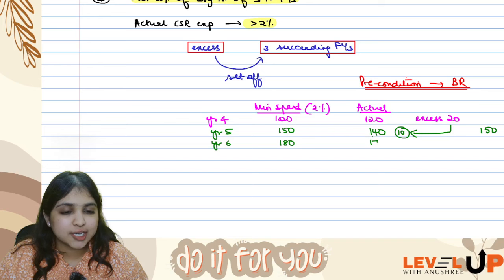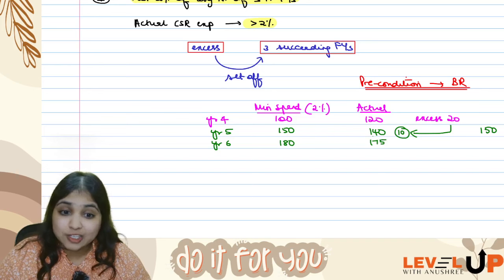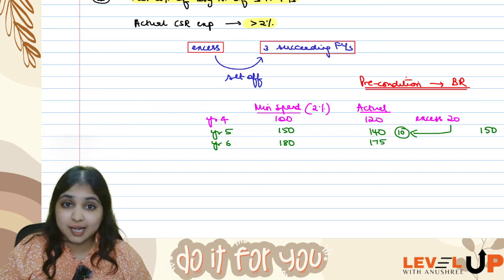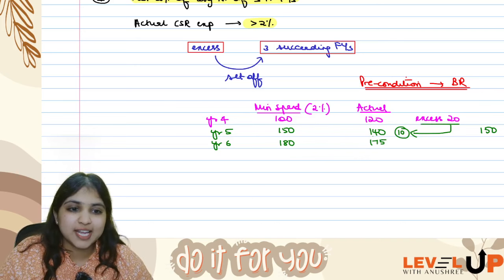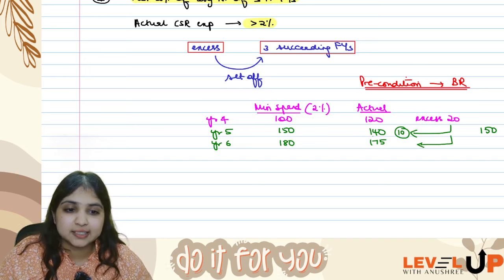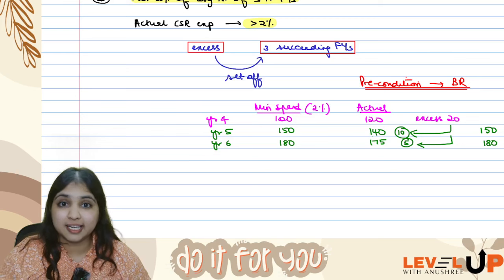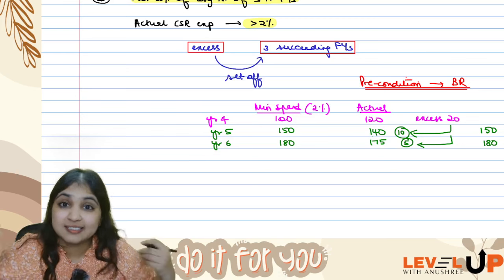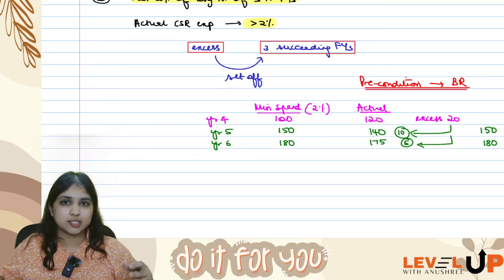But the company actually spent 175. So actually the company spent 5 less, guys. But it's okay because we already have excess 20, out of which only 10 is adjusted till now. We still have excess 10. Out of that excess 10, 5 I can adjust over here. So 175 plus 5, it is as if the company has spent 180 on CSR.